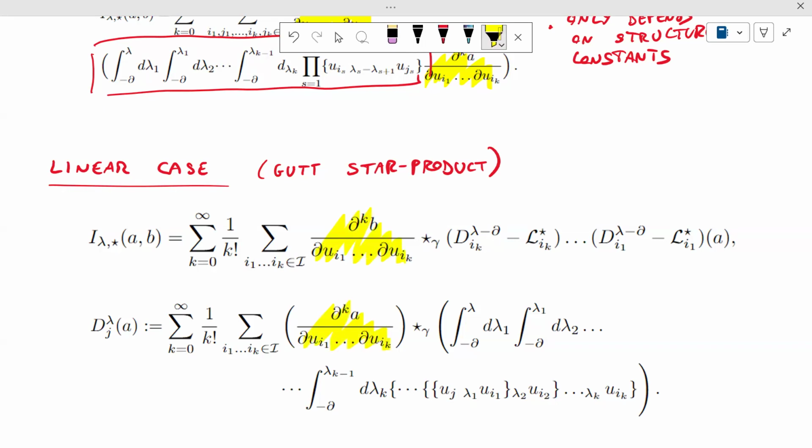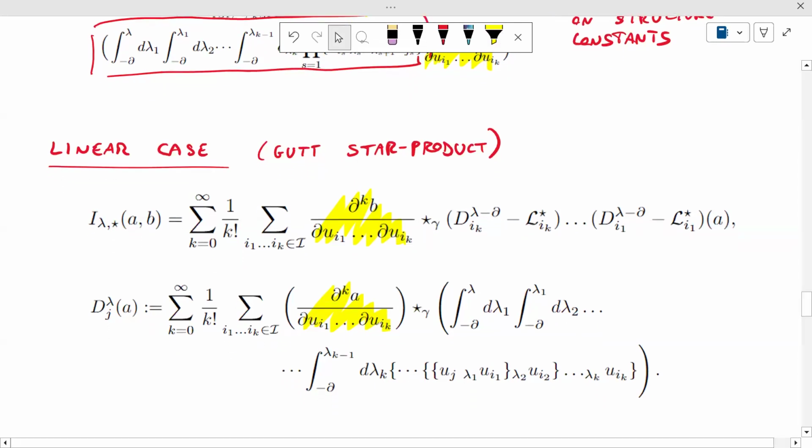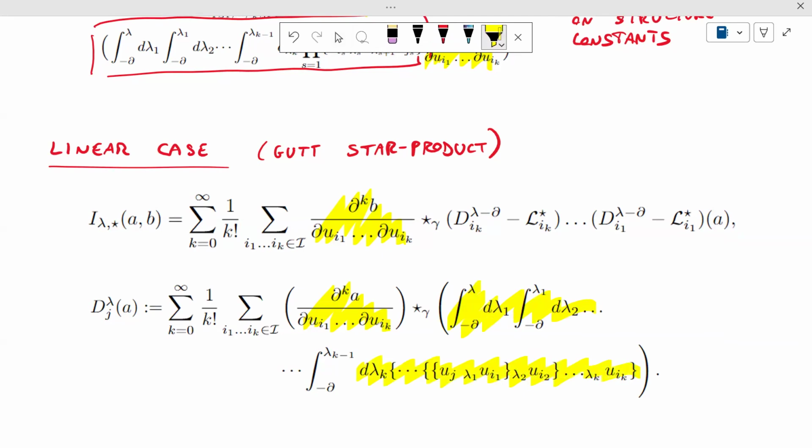Now, it's quite complicated, but that's still sort of how it works. And again, ultimately, all these coefficients, even if in a very complicated way, only depend again on the structure constants. So we have these two caveats that we keep from the Poisson case.